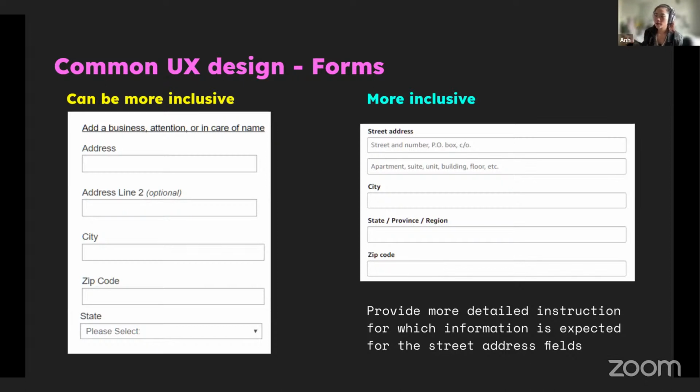Also, what I like in this form is that in the label, they provide state / province / region. So it's telling me that these are the same thing, and that makes me less confused. It provides more detailed instruction for which information is expected for the street address field.